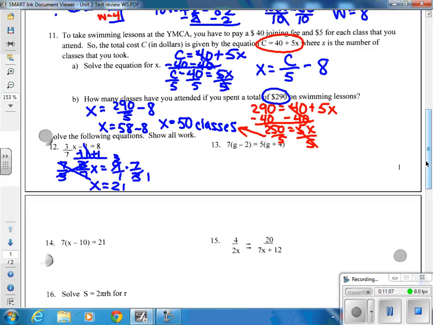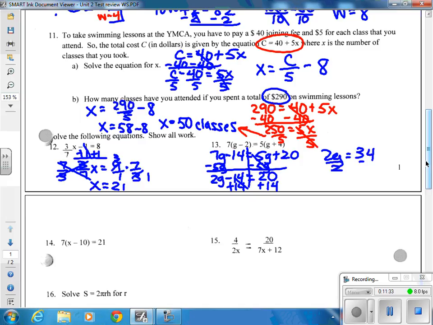Number 13, you want to distribute to both sides and then move your variables. So after distributing, you have 7g minus 14 equals 5g plus 20. Okay, the smaller one to move is the 5g, so subtract 5g from both sides. So now you're looking at 2g minus 14 equals 20. Add your 14 over, and that leaves you with 2g equals 34.